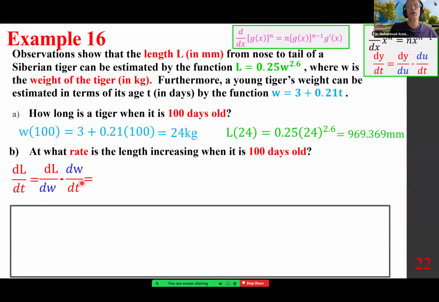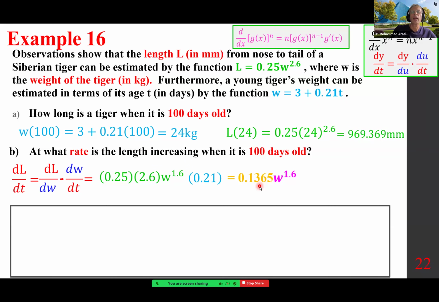When you differentiate this with respect to W, you get 0.25 times 2.6 W to the power of 1.6. And times dW/dt, when you differentiate this with respect to T, you get 0.21. You multiply these three numbers and you get 0.1365 W to the power of 1.6.